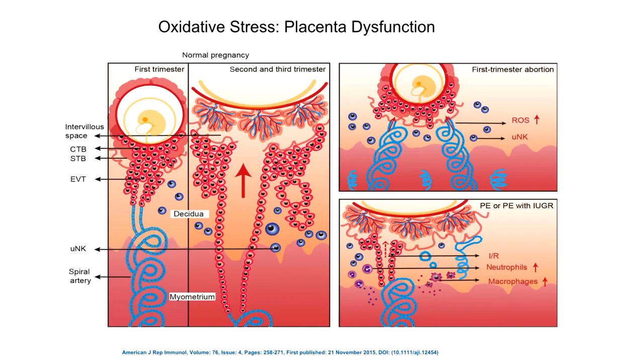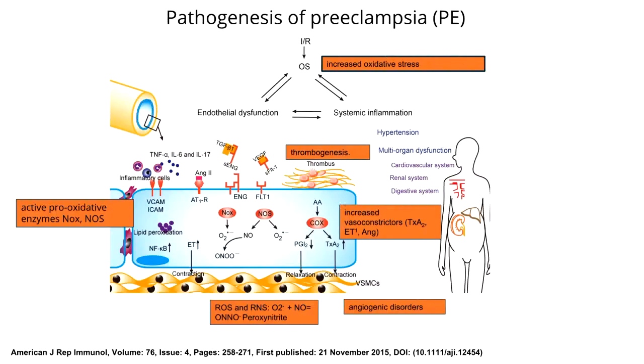So, the pathogenesis of preeclampsia starts with ischemia and reperfusion.